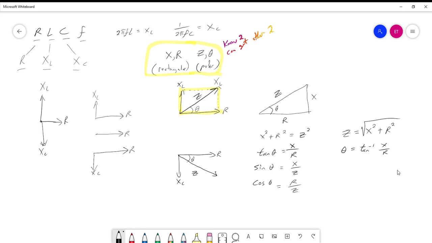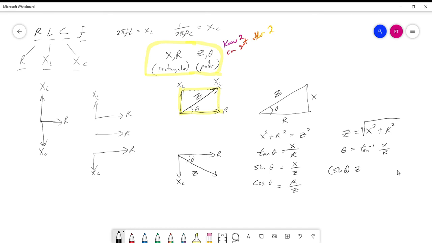Maybe I know the angle. I can measure with my scope the angle that exists between the voltage and the current. And I can also look at what is the voltage that's being applied and what is the current that's flowing and get Z. So I might know the polar ones and I can say to myself, whatever angle I see between voltage and current, I can take the sine of that, and whatever the actual impedance is, I could just use Ohm's law.